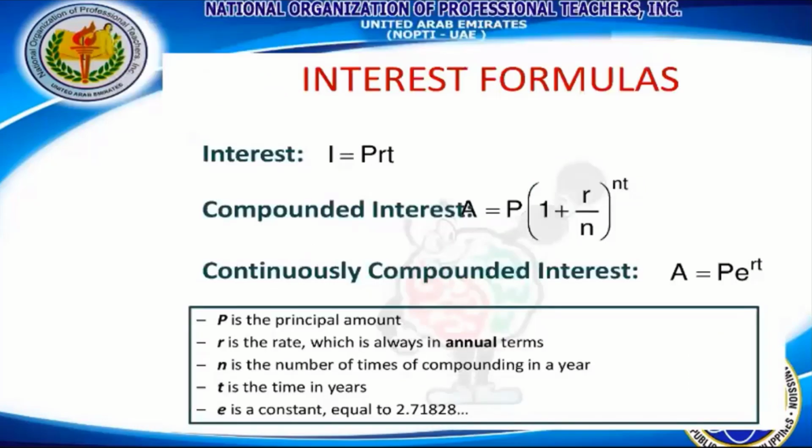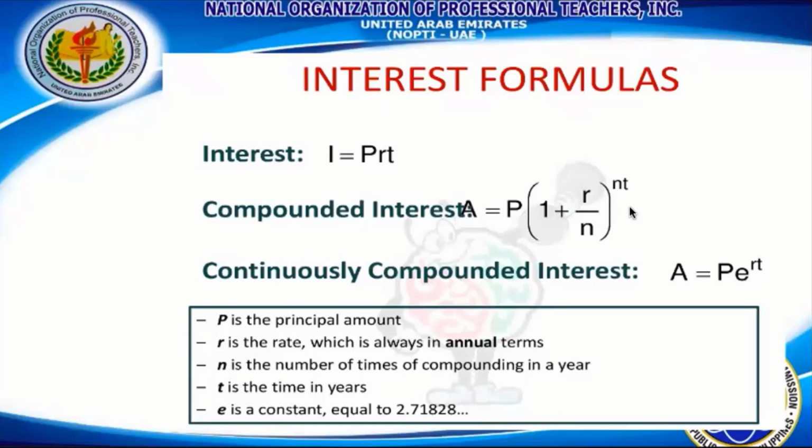Next, interest. Interest formulas. Interest is equal to the principal amount times the rate times the time t, that stands for the time in years. Yan. Pag compounded interest naman, principal amount times the quantity 1 plus the rate, kung annual ba, every 2 years or monthly, divided by the number of times of the compounding year, and then raised to nt.